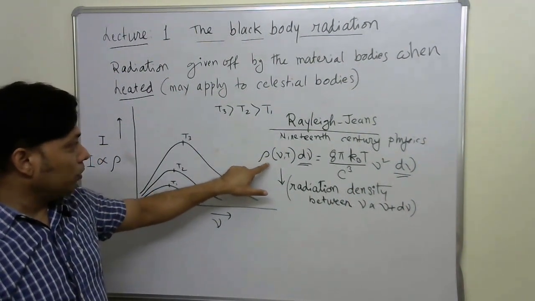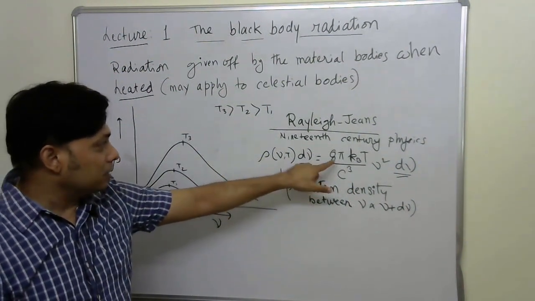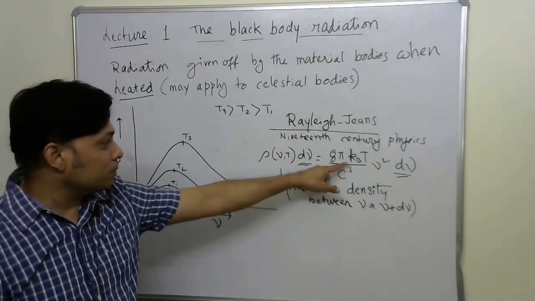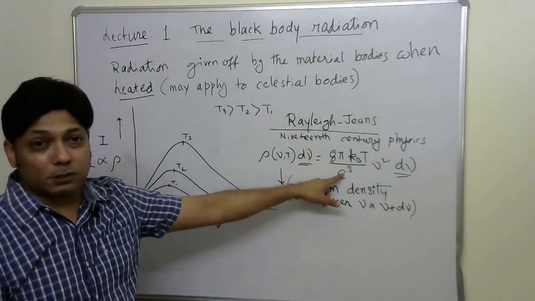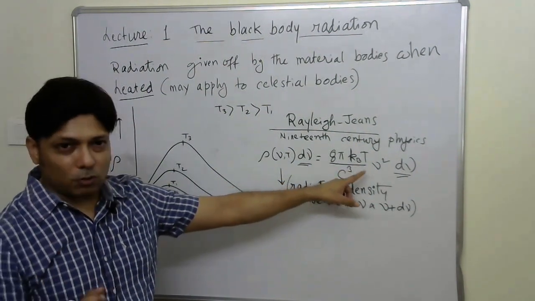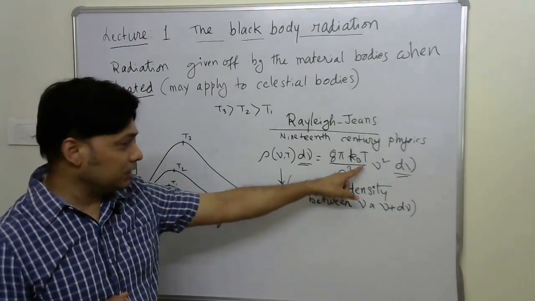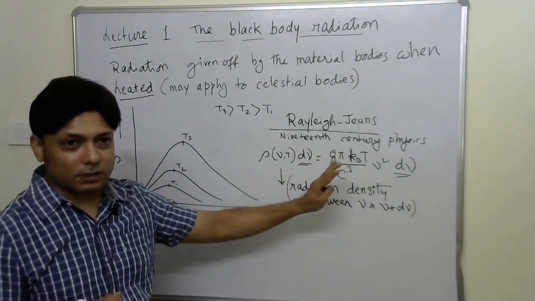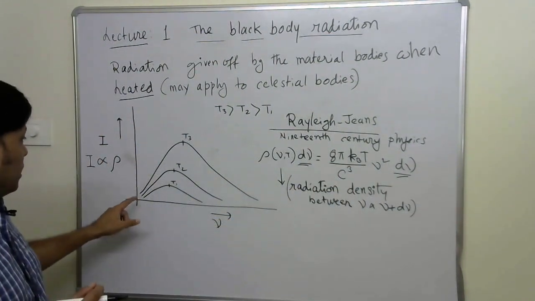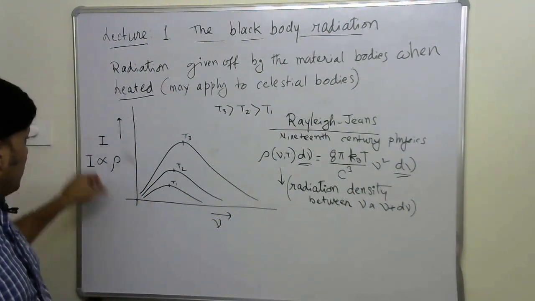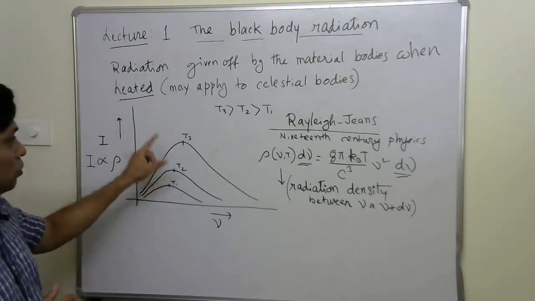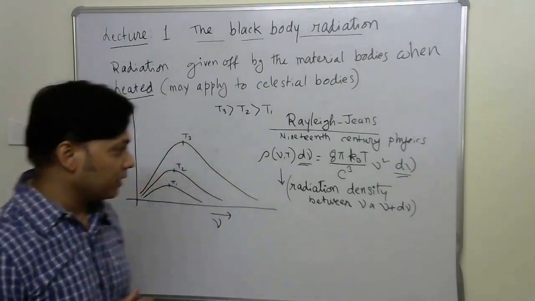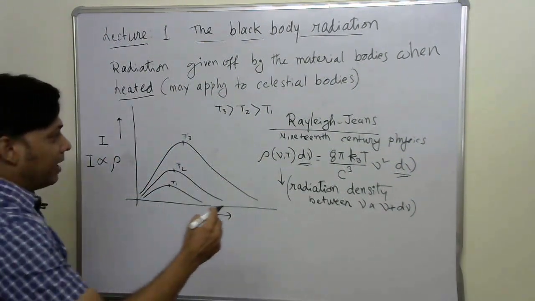So rho nu T is equal to 8 pi k, where pi is a constant and the Boltzmann constant is a constant, divided by c cubed, where c is the speed of light, a constant. At a particular temperature, T is also constant. Suppose you are doing the blackbody radiation study at a particular temperature, say T1, T2 or T3, the T is constant. So what is left?